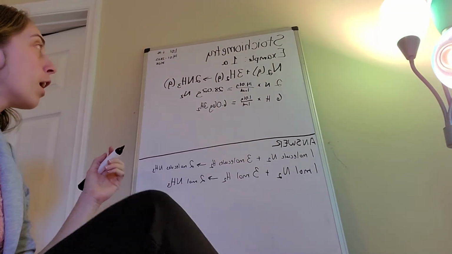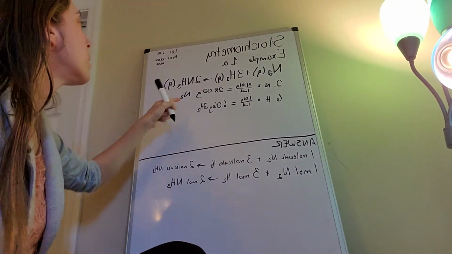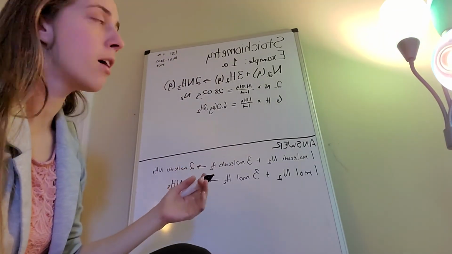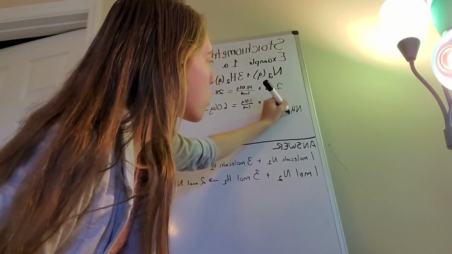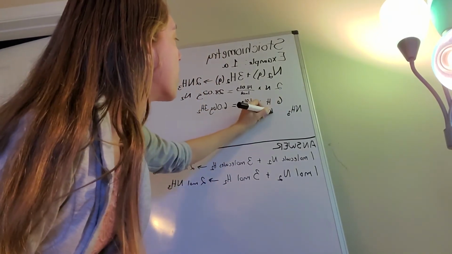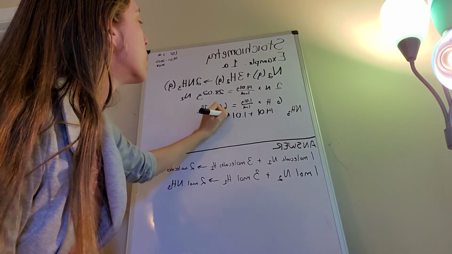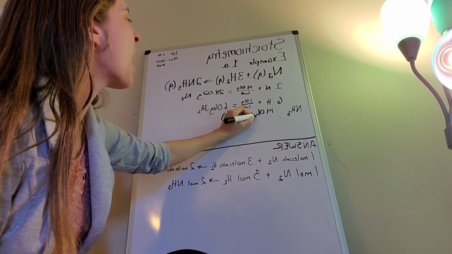So, for 1 NH3, that would be the mass of 1 nitrogen plus the mass of 3 hydrogen, okay? So let's calculate that. So 1 NH3 is going to be 14.01 plus 1.01 times 3, right? Because there's 3 hydrogens.